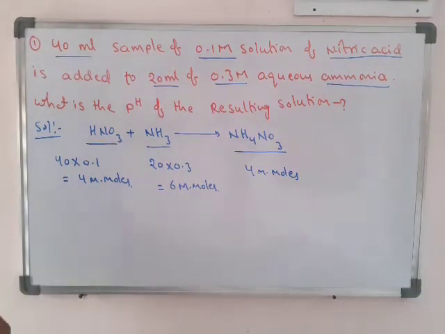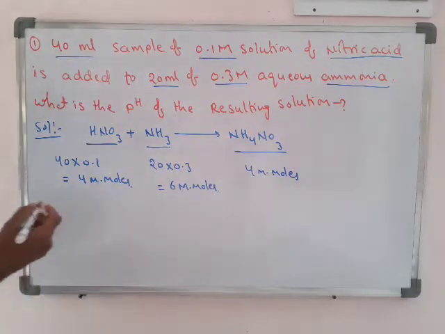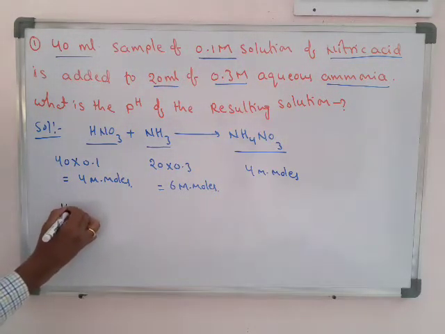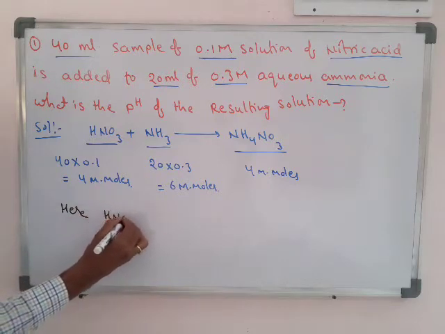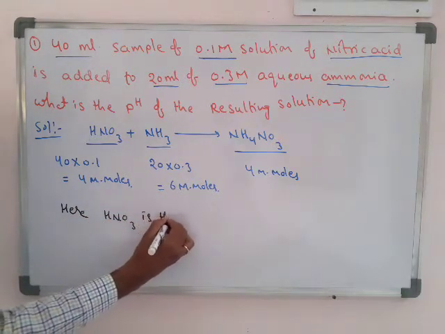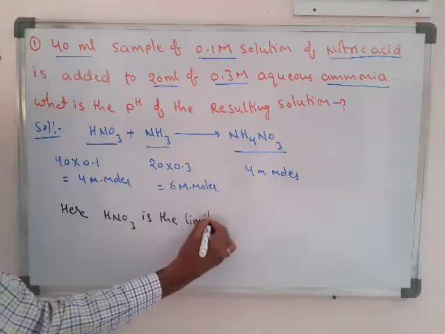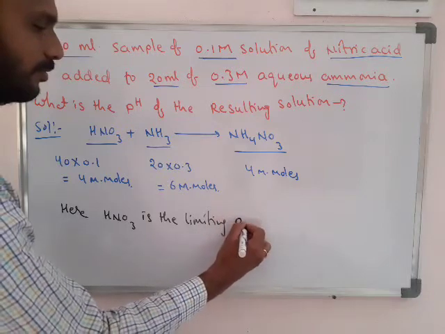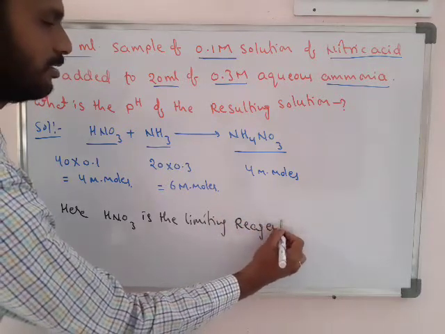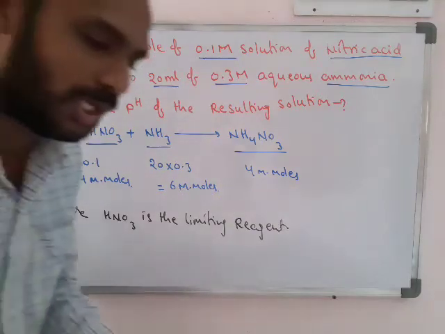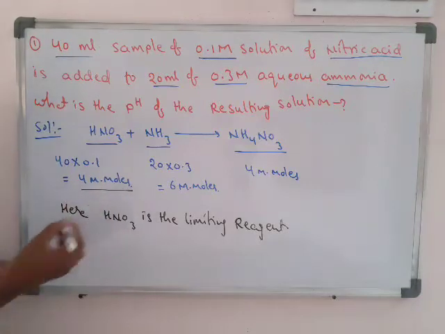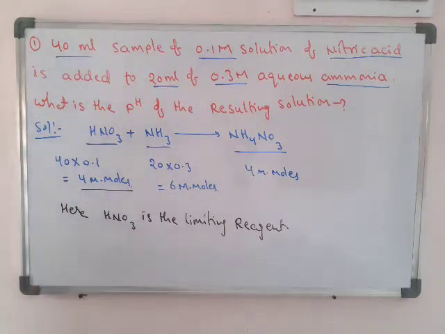So after the reaction, we can write a main step here: HNO3 is the limiting reagent. That's why we have to proceed with the problem with the help of that only.